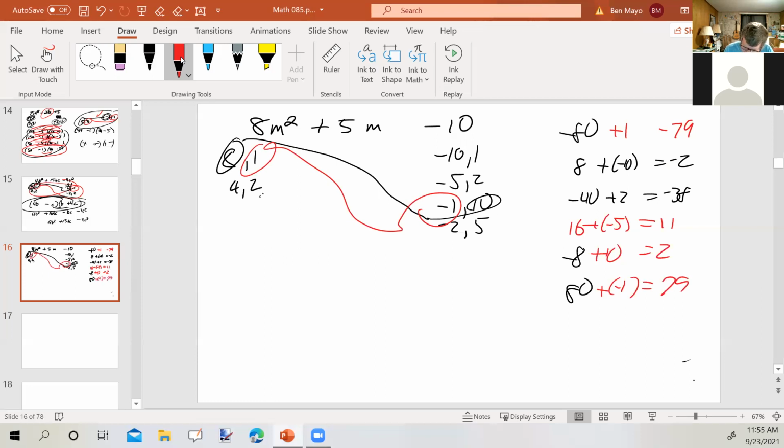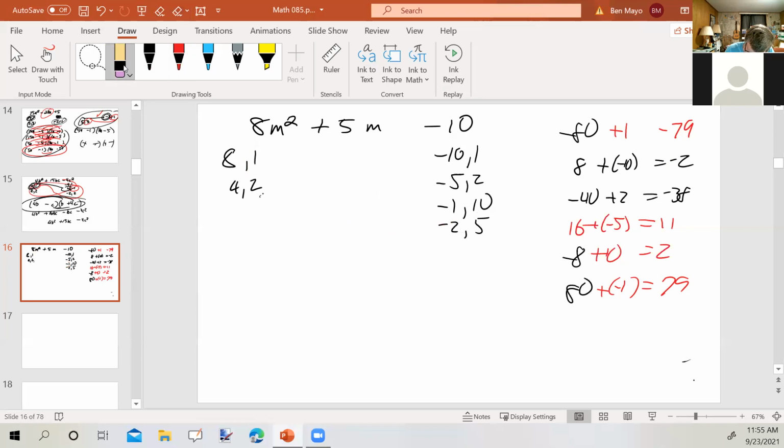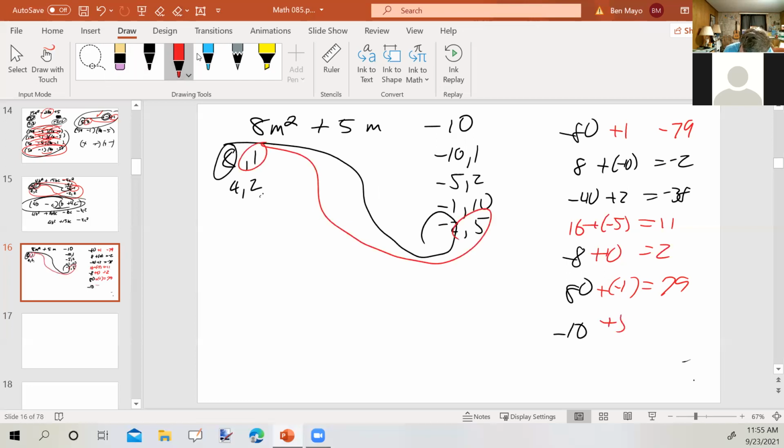So that one doesn't work. Then we're going to take 8 with negative 2, which is negative 16. 1 with 5, which is 5. Negative 10 plus 5 is negative 5. So that one doesn't work.